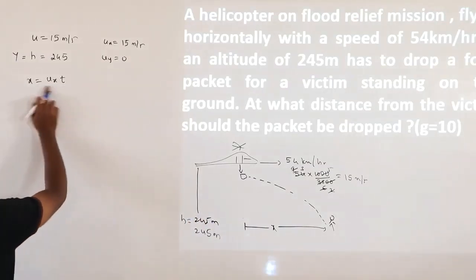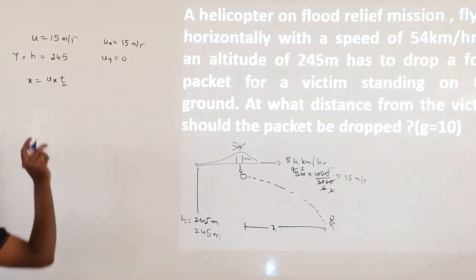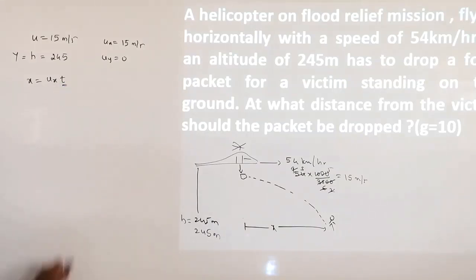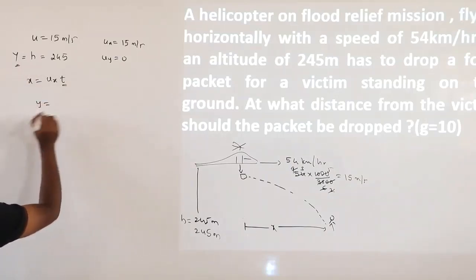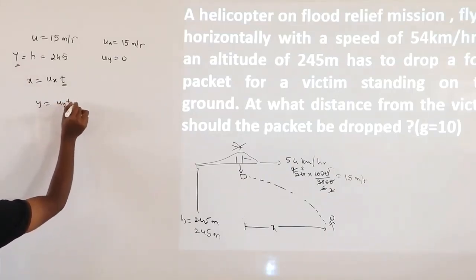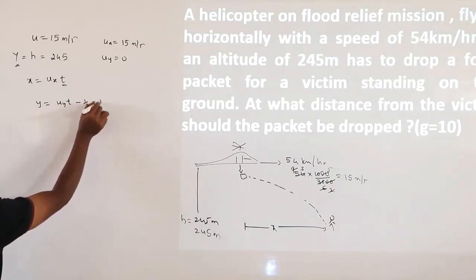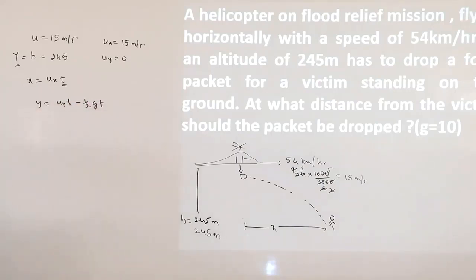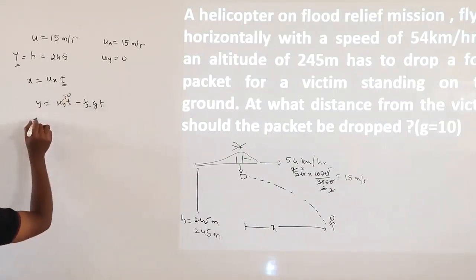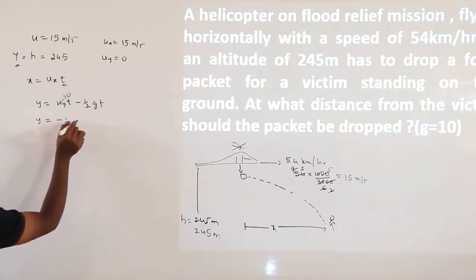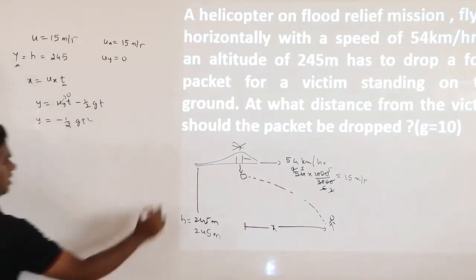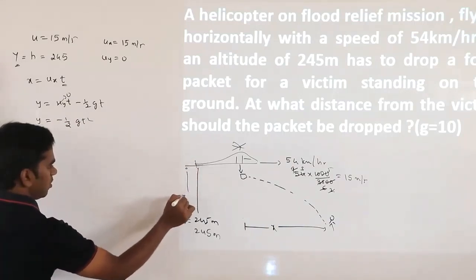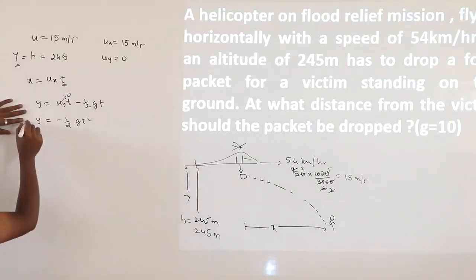Okay, so for this what is required? t is required. So first we have to calculate the value of t. We have y equals uy t minus half g t square. uy is 0, so y equals minus half g t square. No need to worry about this negative sign, since if this is the origin, this is also going to be negative, so the negatives will get cancelled.